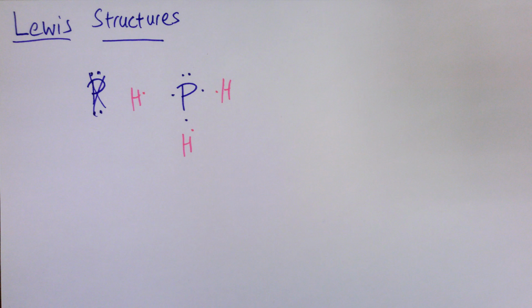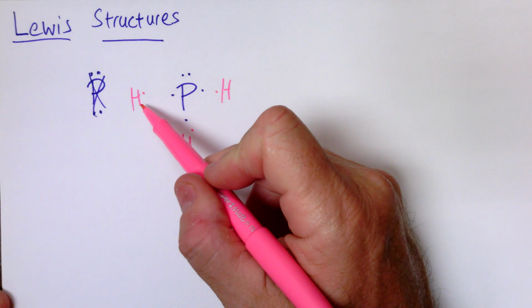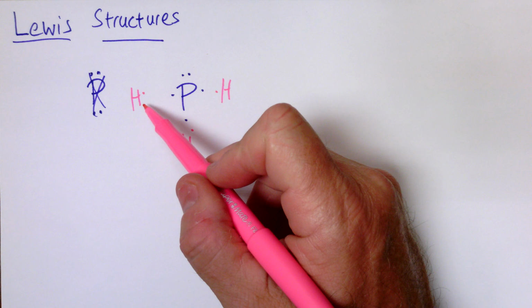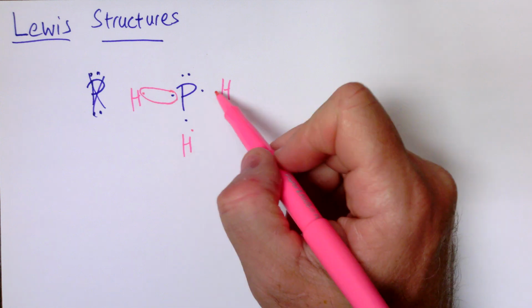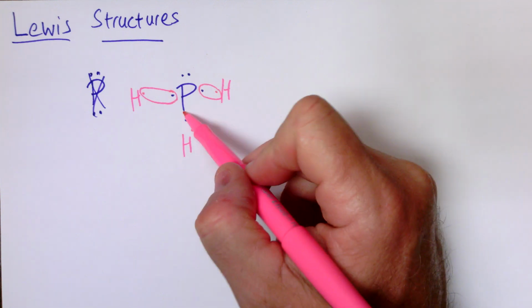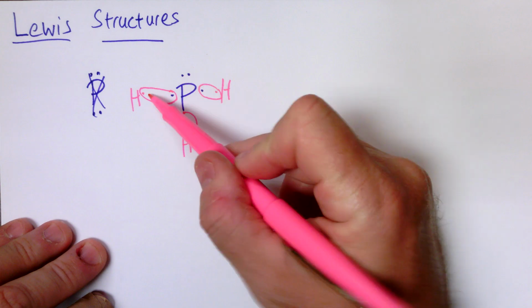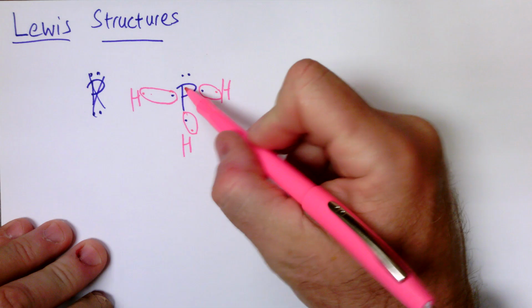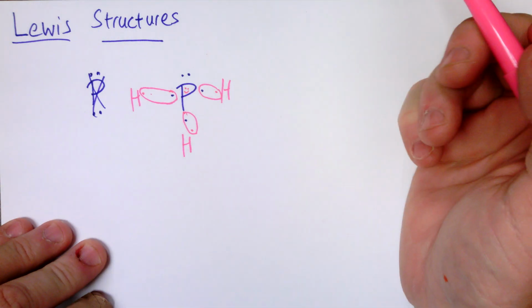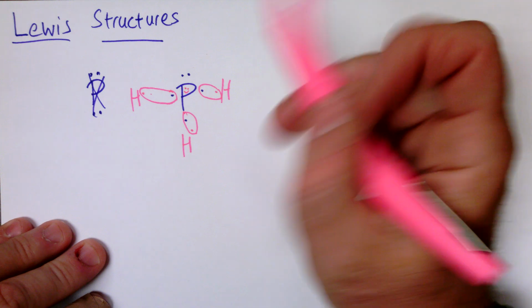So hydrogen and phosphorus get together, and because hydrogen is so small, hydrogen doesn't give up its electrons. It's really hard to take the electron from hydrogen, so it has to share. So hydrogen and phosphorus share these pairs of electrons. Now, if we look at phosphorus, 1, 2, 3, 4, 5, 6, 7, through sharing, phosphorus has 8 valence electrons, which makes him very happy, makes him stable, satisfies the octet rule.